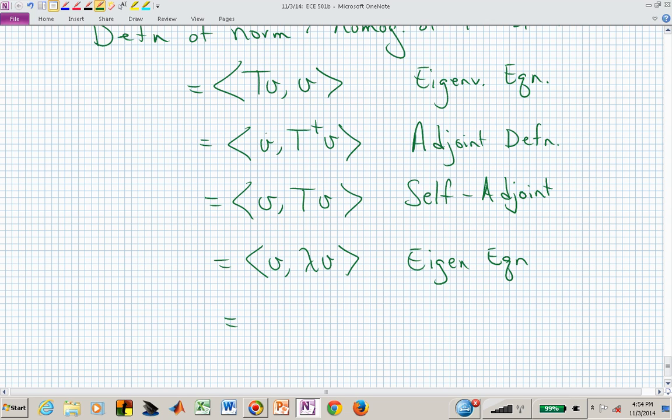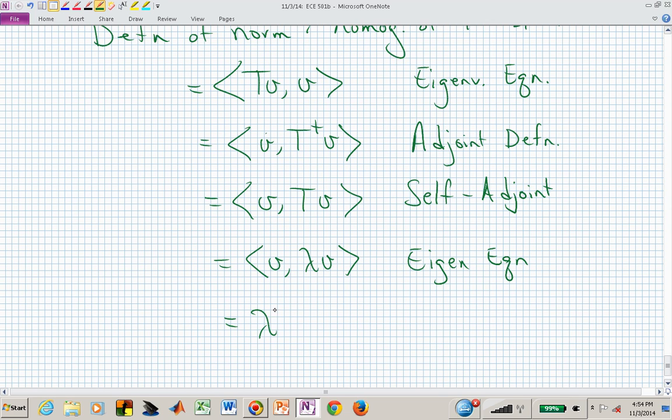And we know this concept of what happens when we have a scalar in the second slot if we want to get it outside of the inner product. It's the conjugate, isn't it? So we now have the scalar lambda slid outside the inner product, but we have to take its complex conjugate to make that true.